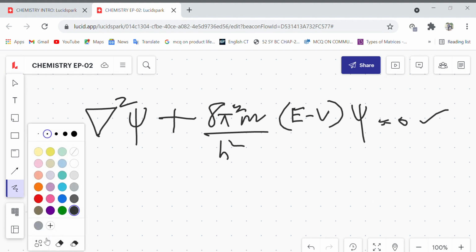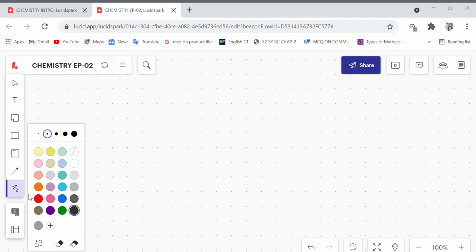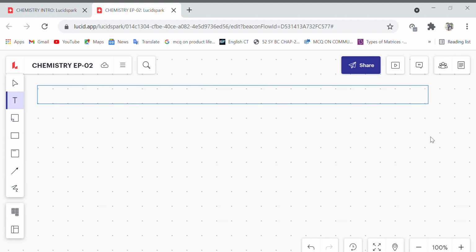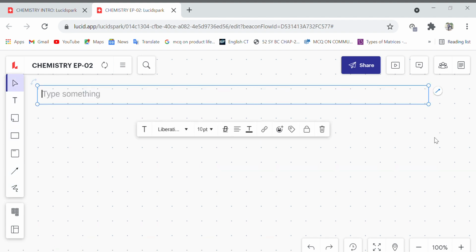Then let me tell you about the quantum numbers. Everyone knows that each atomic orbital determines a quantum number. Let me write that.